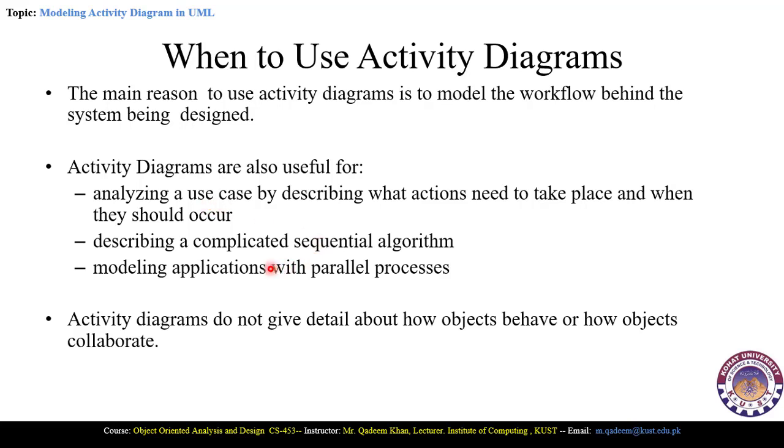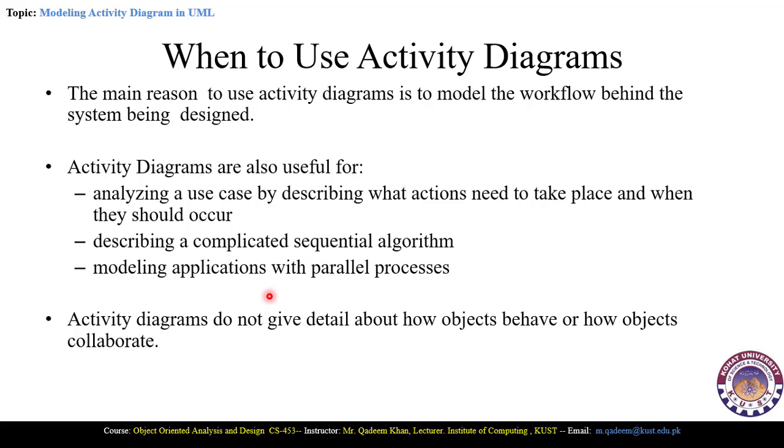Also, an activity diagram is used to describe complicated sequence diagrams. A sequence diagram sometimes becomes very complicated. So just to make it a little bit simpler, we convert the sequence diagram into an activity diagram so that the sequence diagram's complexity may be minimized.